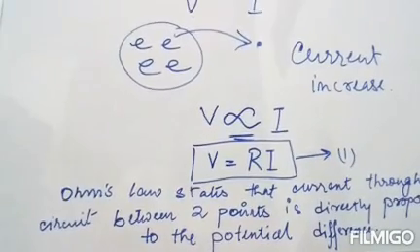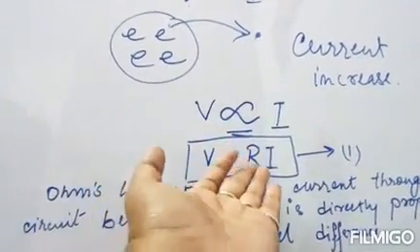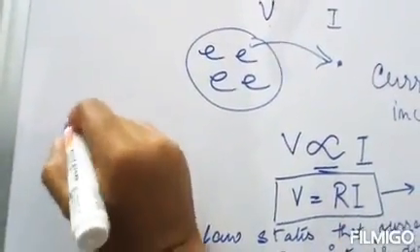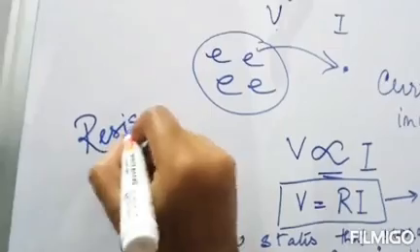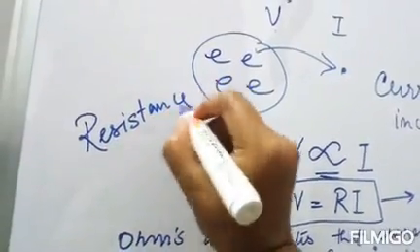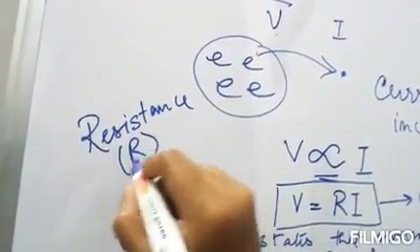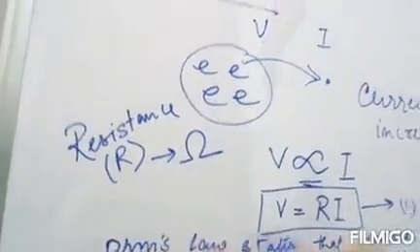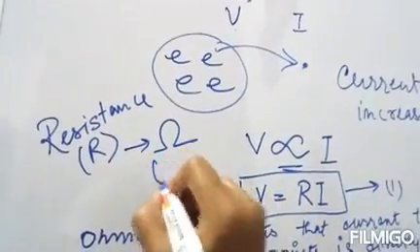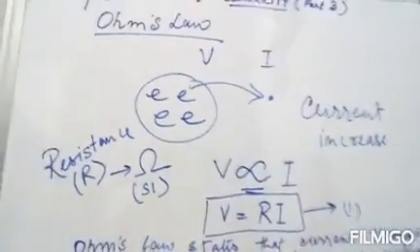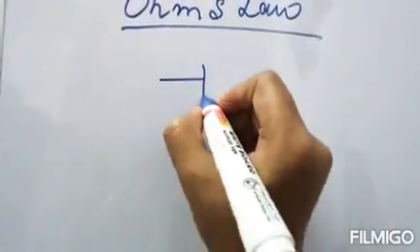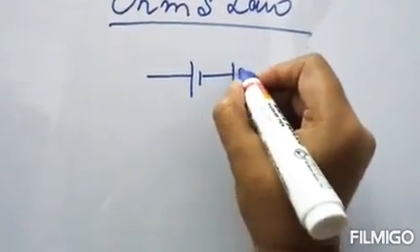And how do we represent this resistance? As I have stated earlier, resistance is represented by the letter R, and ohm is the SI unit of resistance. Simple, no?